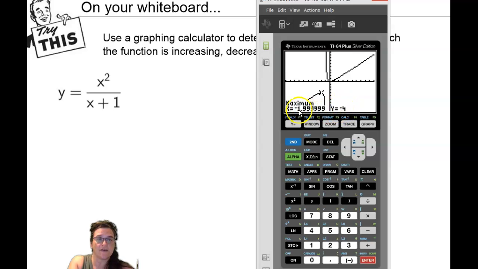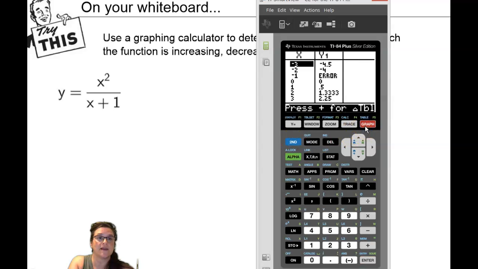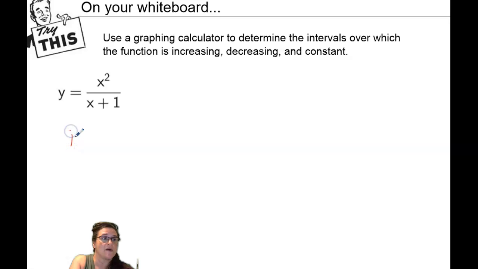Okay, the x value at that maximum would round to -2, and if I check my second table, that should show me if -2 is the value, and sure enough, there -2 comma -4 is my relative maximum. So negative infinity to -2 would be the interval where that graph is increasing. So increasing over the interval negative infinity, comma, negative 2.